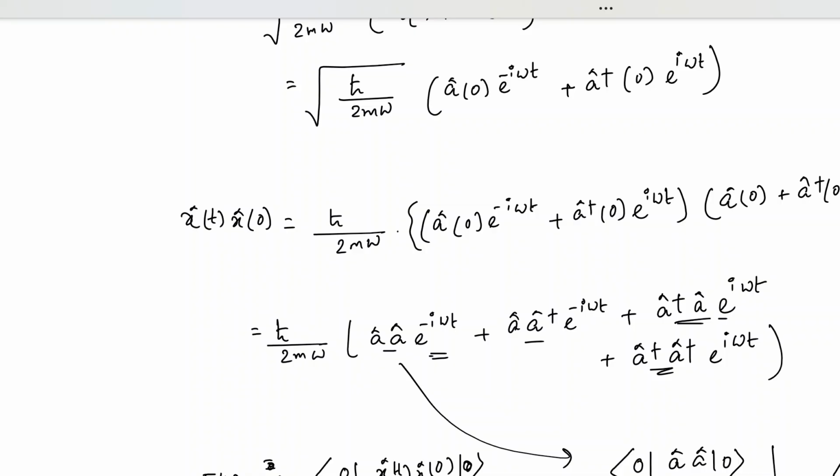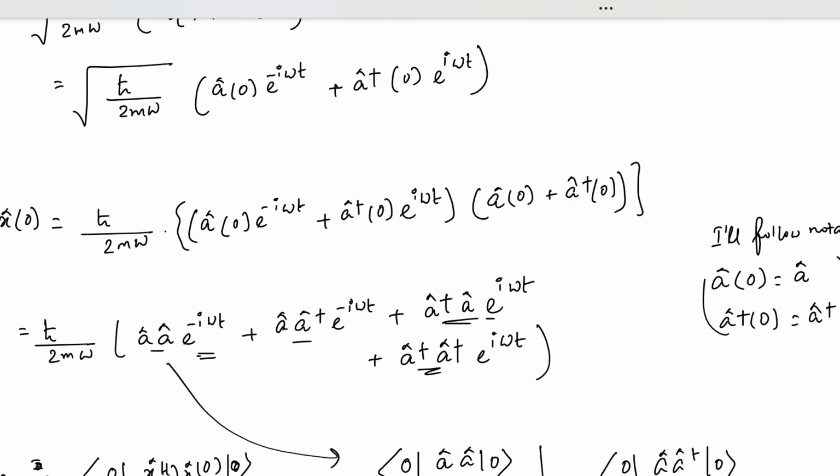I'll write down how it operates: a cap, when it operates on a state n, gives root n times the state n minus 1, but when the creation operator operates on n, it gives root n plus 1 times the state n plus 1. So when a cap dagger operates on 0, it gives root of 0 plus 1, that means root 1, and the state 0 plus 1 is the state 1. Root over 1 is 1, so you ignore that.